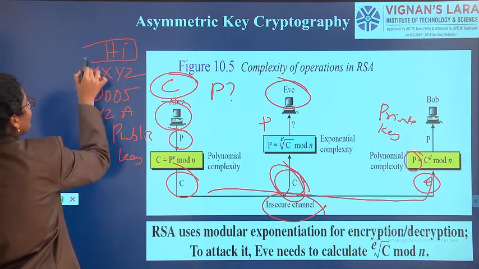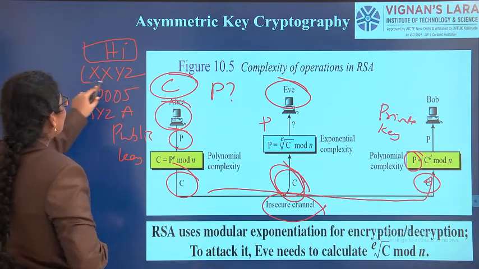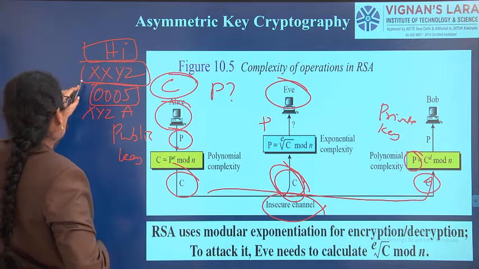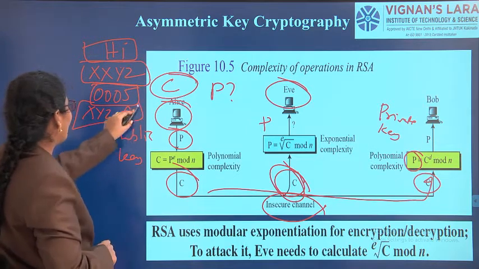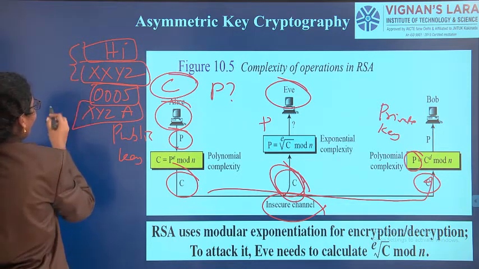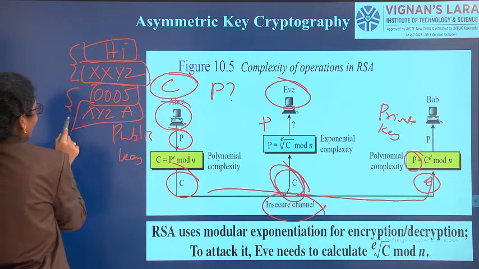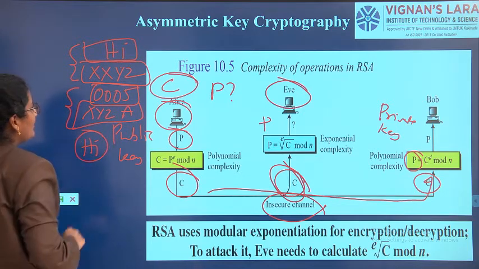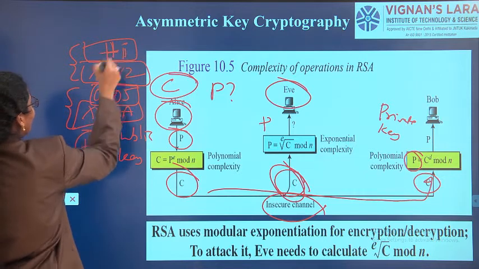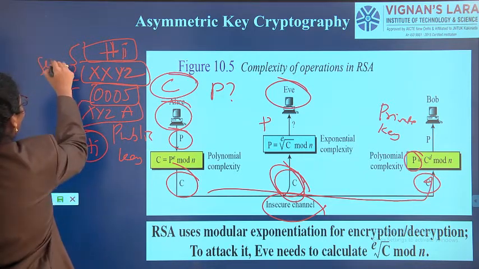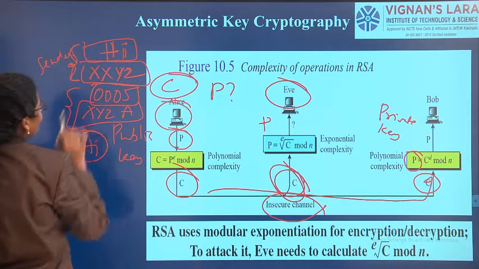So hi is the original message, public key XXYZ, ciphertext 005, and again private key XYZA. The sender will have the plain text and public key, the receiver will have the ciphertext and private key, so he can get the message hi by conversion. The sender has the original message and public key.